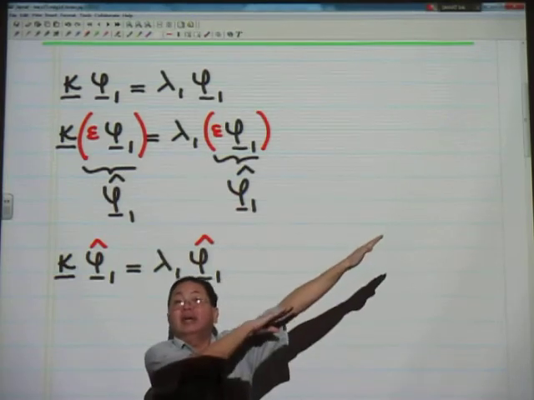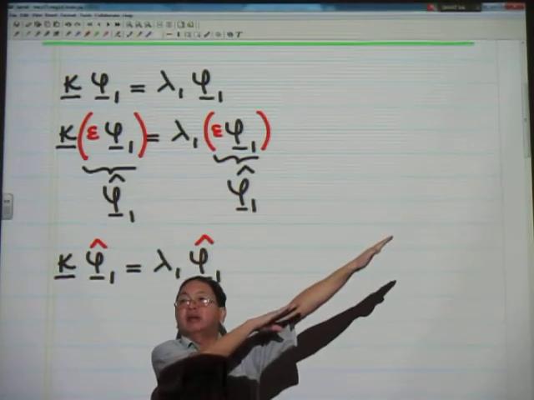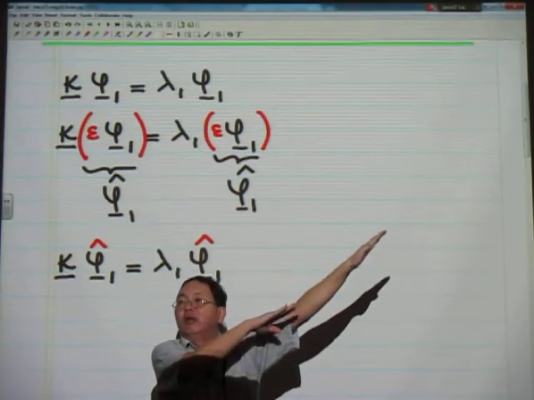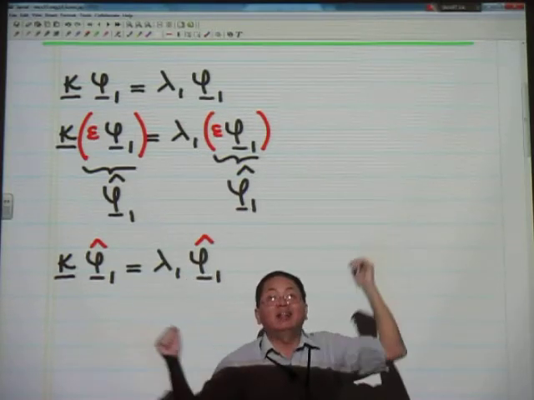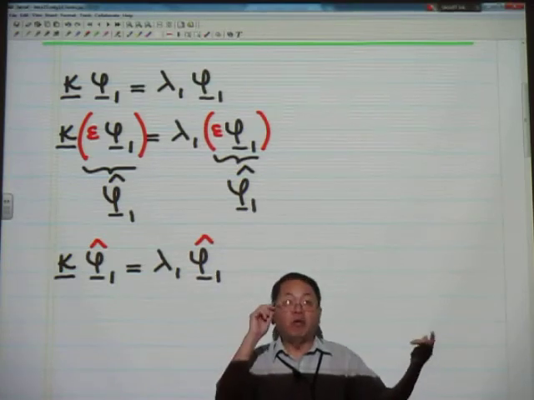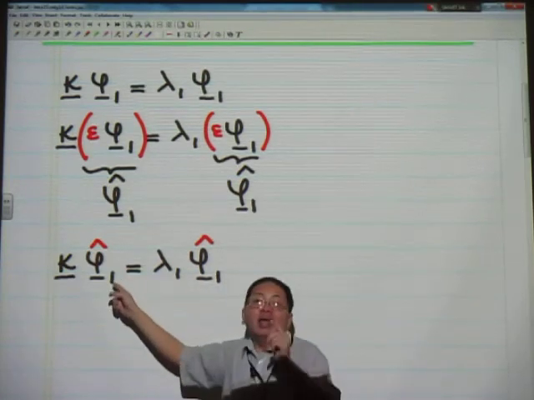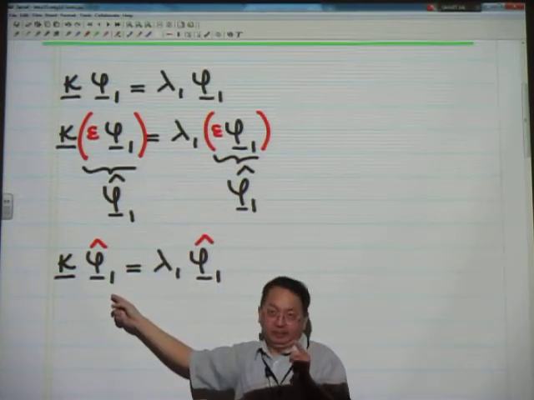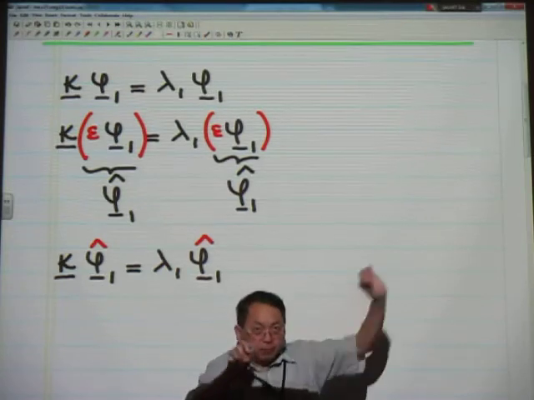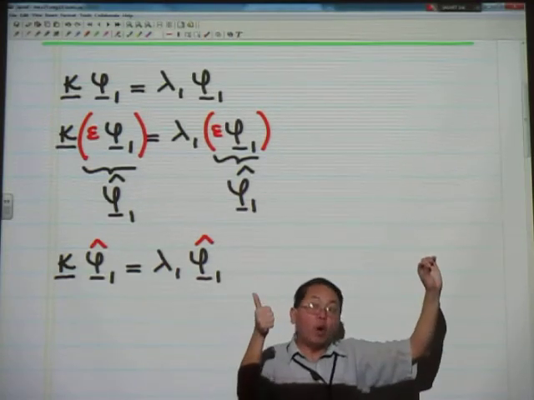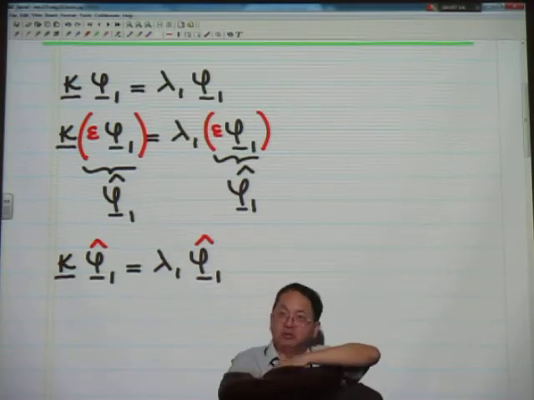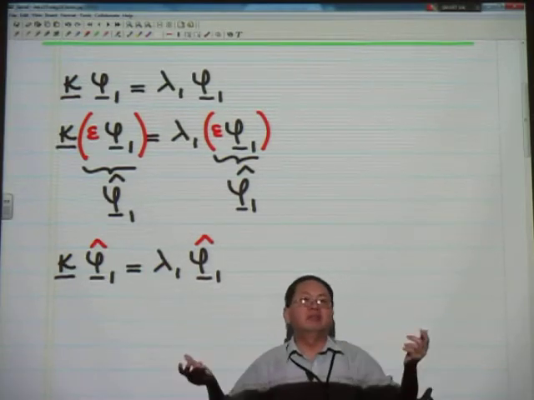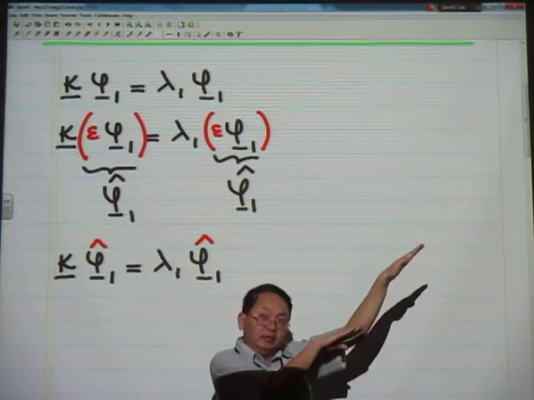Well, they are collinear. These two vectors are parallel to each other. The only thing that is different between phi 1 and phi 1 hat is just the length. Therefore, there are infinitely many eigenvectors. If you can find one eigenvector, you can multiply that by any scalar to create infinitely many eigenvectors, as long as they are pointing in the same direction.